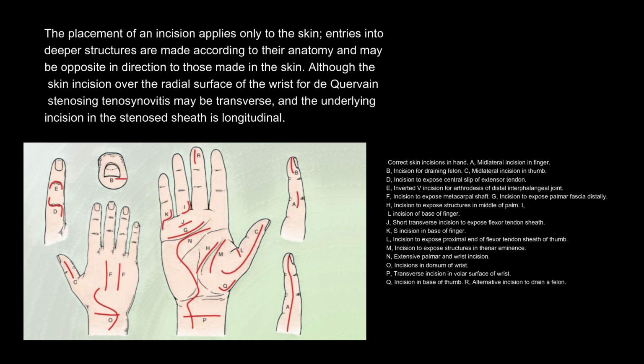N. Extensive palmar and wrist incision. O. Incisions in dorsum of wrist. P. Transverse incision in volar surface of wrist. Q. Incision in base of thumb. R. Alternative incision to drain a felon.